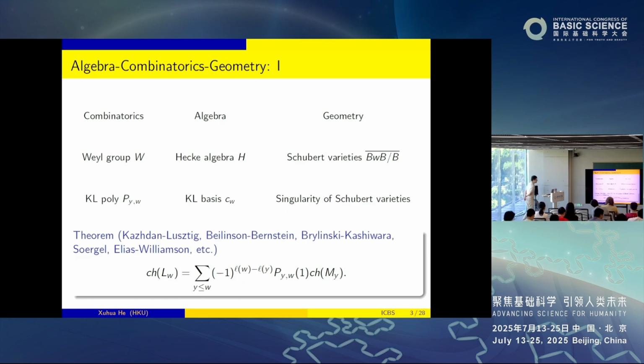And later, Soergel started the categorification version of this theory, which was finally settled by Elias and Williamson. They have made further developments, which relate the characters of the irreducible representations with the Verma modules.